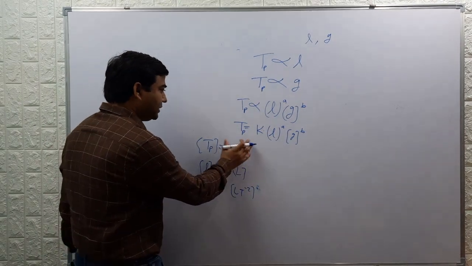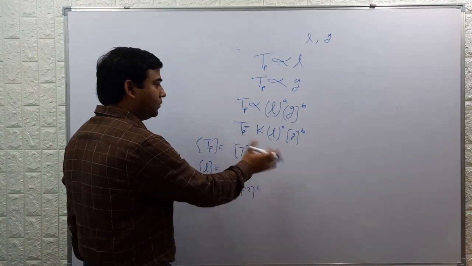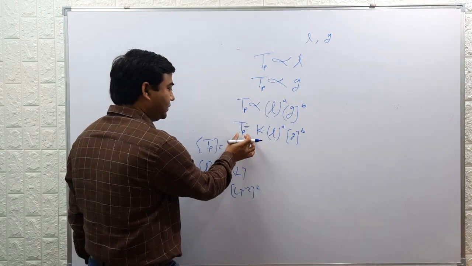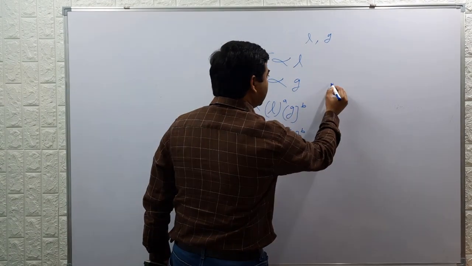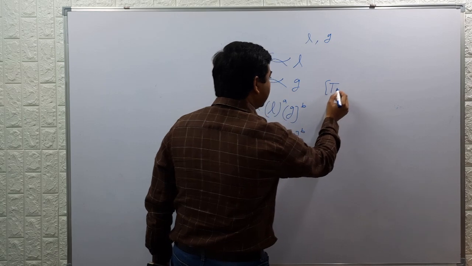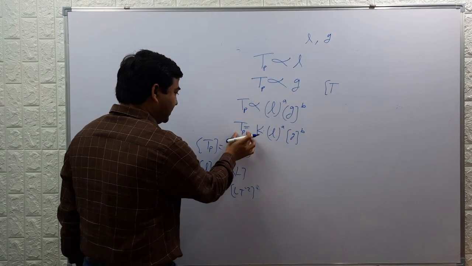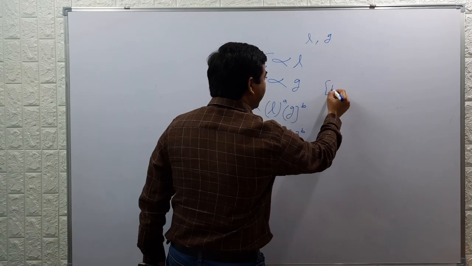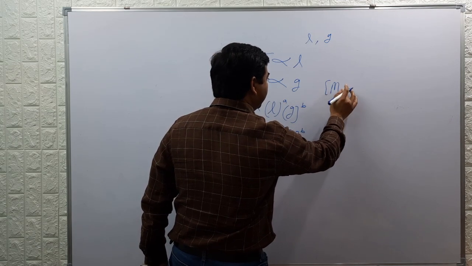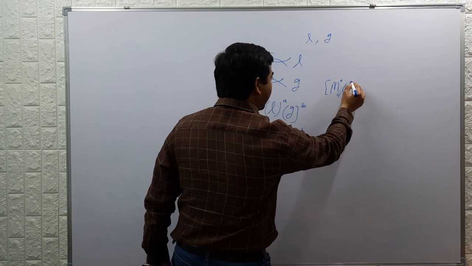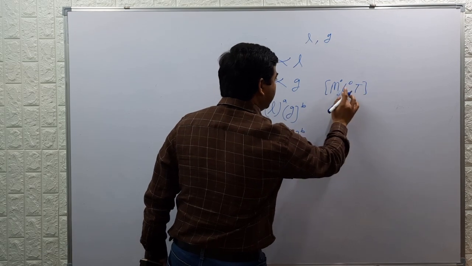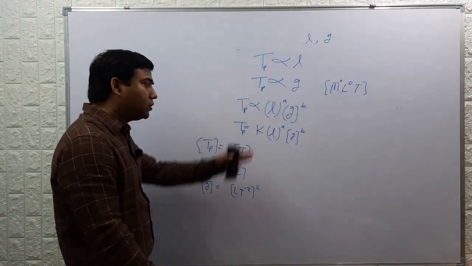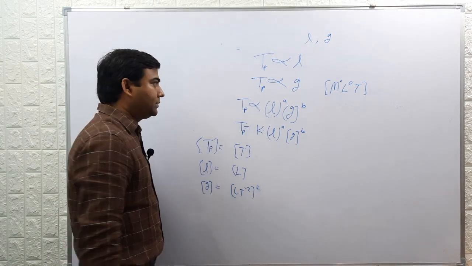So we will compare now the dimensions of both sides, that is dimension of time period, which is T. We can write dimension of time period in terms of M L T as M to power 0, L to power 0 and T. This way also we can write dimension of time period.